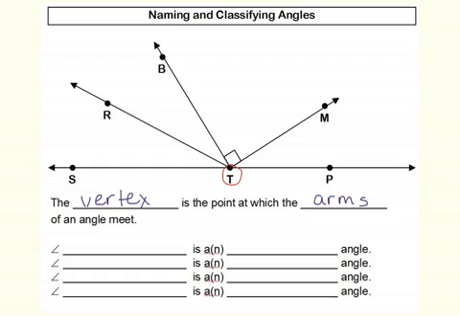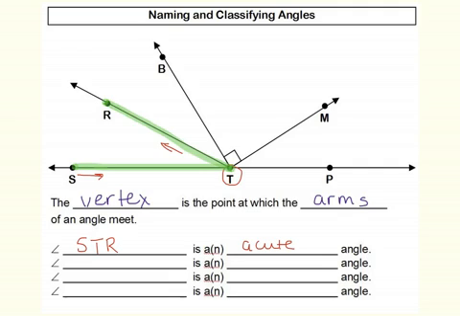For example, we're going to look at the angle STR. So I traced it there for you. And so we're going to write it down here. STR. So I started on S and I went that way. T is where I start going up the other way. It is what type of angle? Hopefully you said acute.